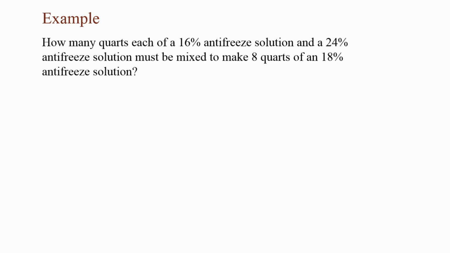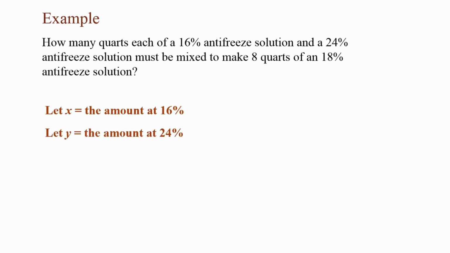Defining our x and our y, let x be the amount at 16% antifreeze solution, and let y be the amount at 24% antifreeze solution. We need a total of 8 quarts. That means x plus y will equal 8.